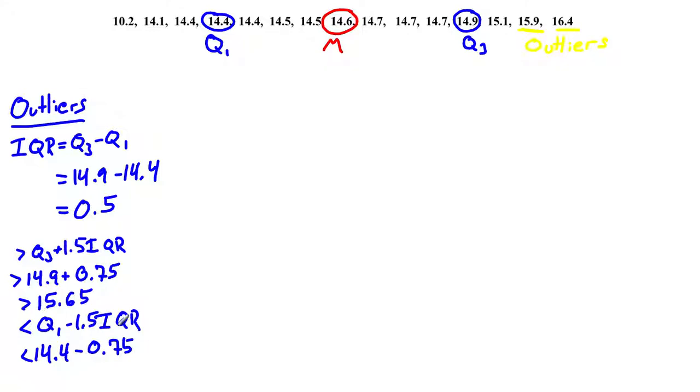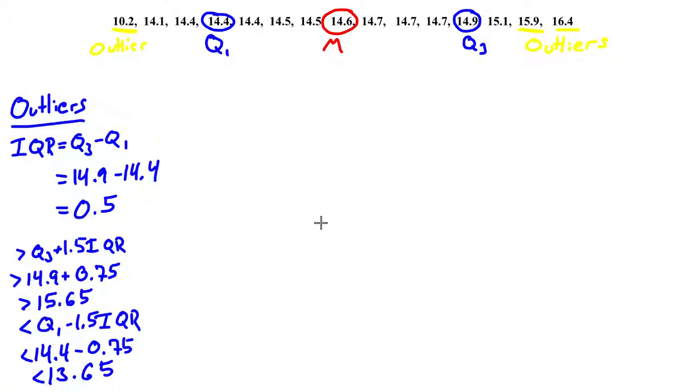So if I do 14.4 minus 0.75, I'm going to have outliers that are less than 13.65. Do I have any values less than 13.65? I do. I have 1. So this is also an outlier.